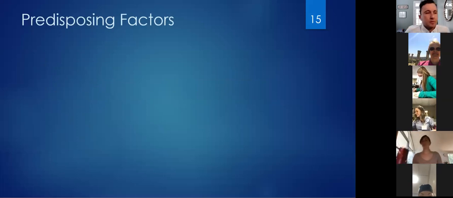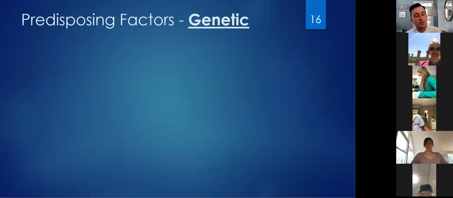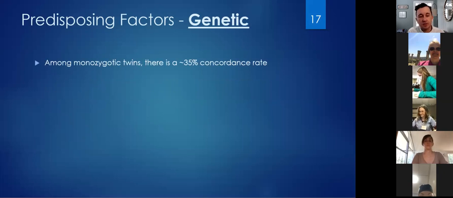So there are a lot of different predisposing factors that can put you at higher risk for developing lupus. One of the most prominent factors is genetics. Long before we even really knew what a gene was, scientists noticed trends in heritability.